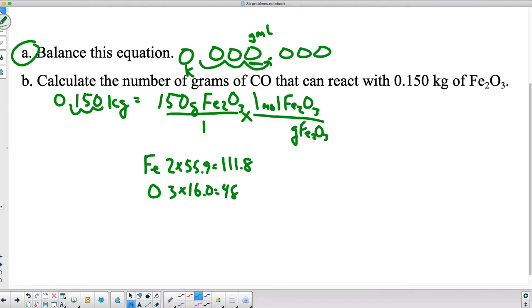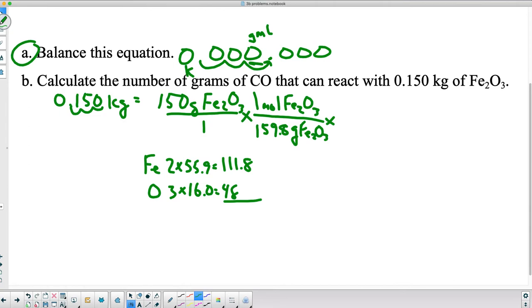So 55.9 times 2, 111.8. So, moving on, I add them up, plus 48 equals 159.8 grams. Now that's just to go to moles.